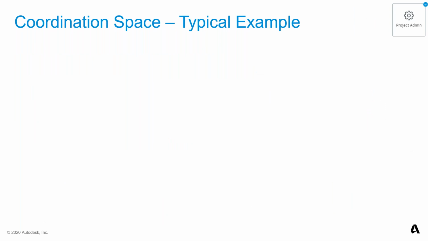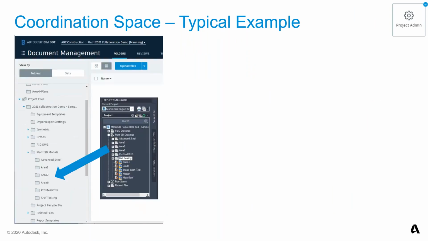Looking at a basic example of that, in this example, you may designate Plant 3D model folders in your project based upon the project areas contained in the working design model. So we're just taking it very, very simply in that we've created, using the plant areas in our sample project, which comes with all Plant 3D installations, the coordination spaces.